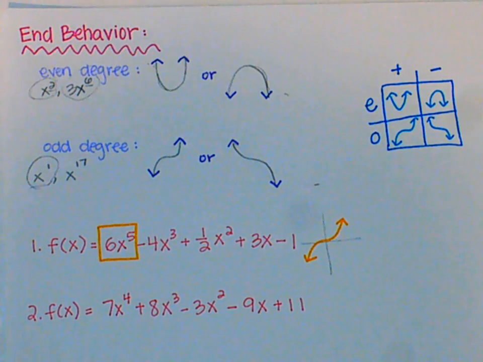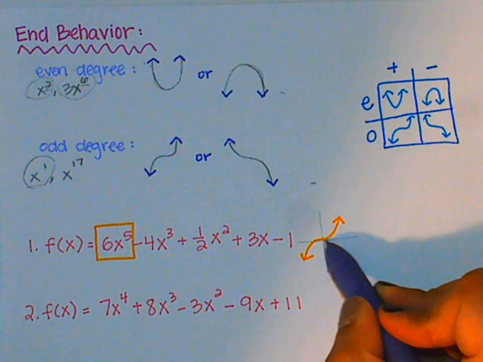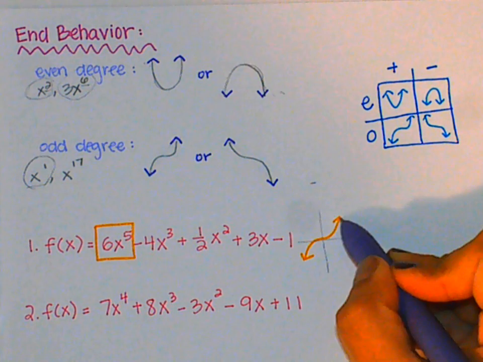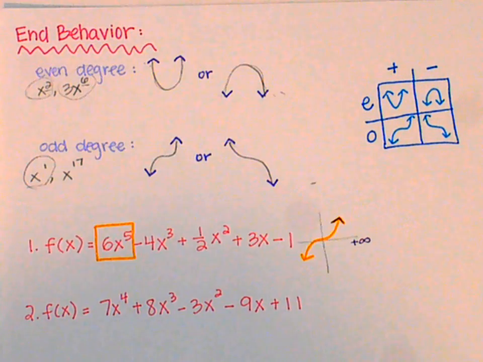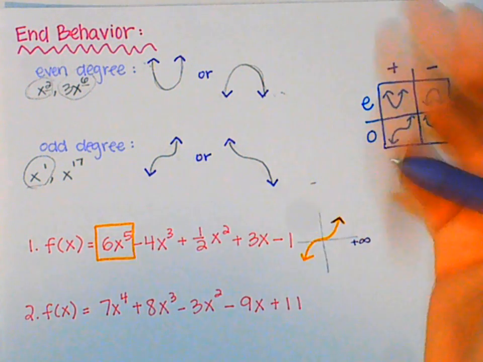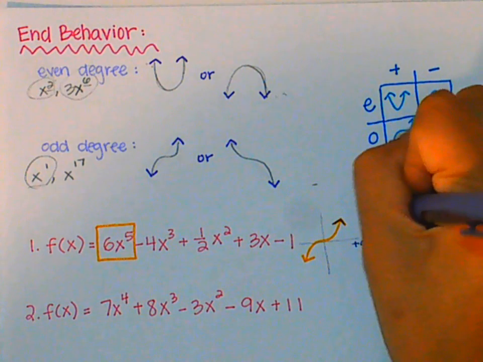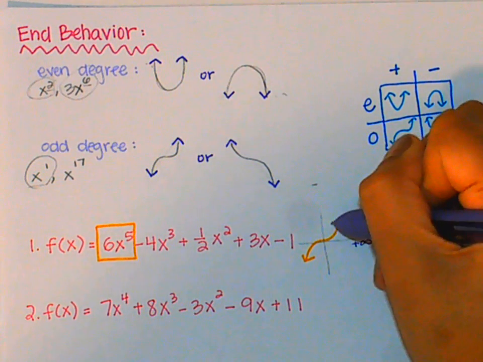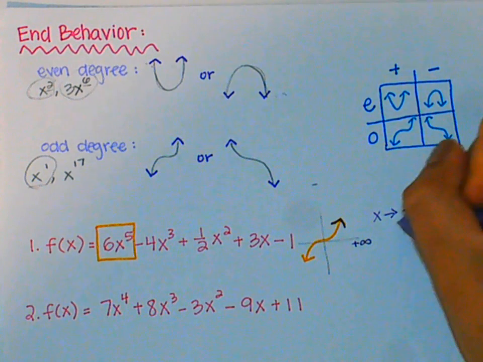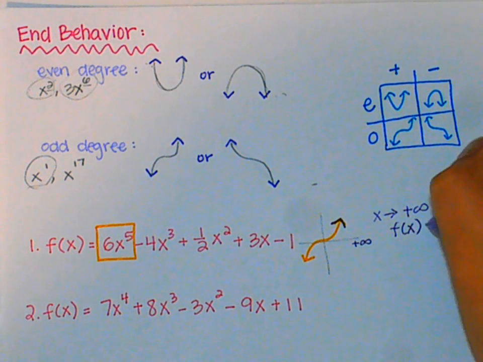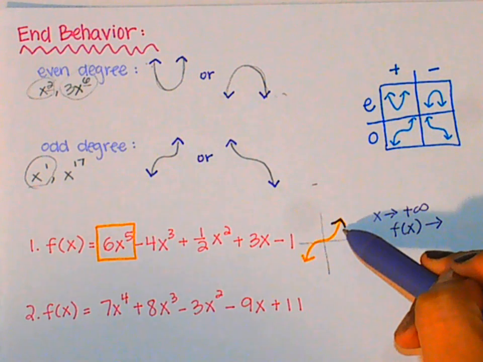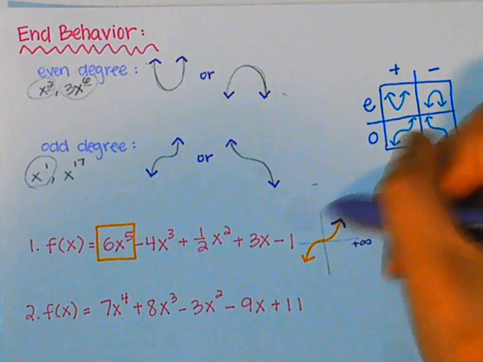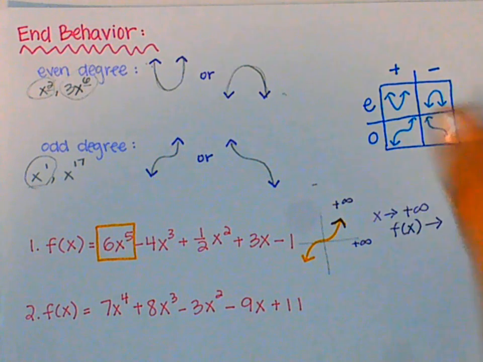It's not really there. But as my x's are going to the positive infinity, what is happening to that arrow? So as x heads onto positive infinity, what is happening to my arrow, to my actual equation? Where is that going? Is it going to positive infinity or is it going to negative infinity? Well, that arrow is going up towards positive infinity.